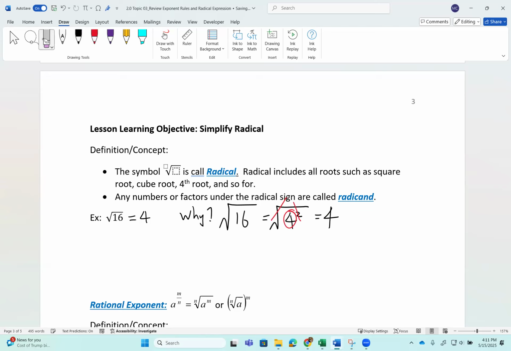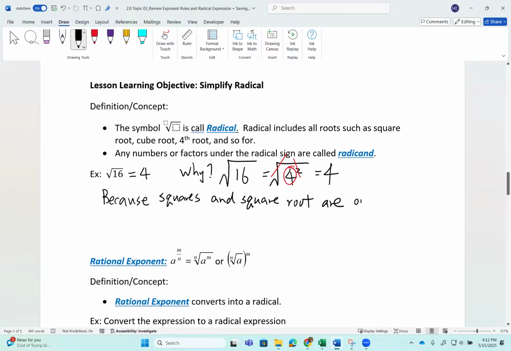Okay. So why square root of 16 equal to 4? Because squares and square roots are opposite operation.